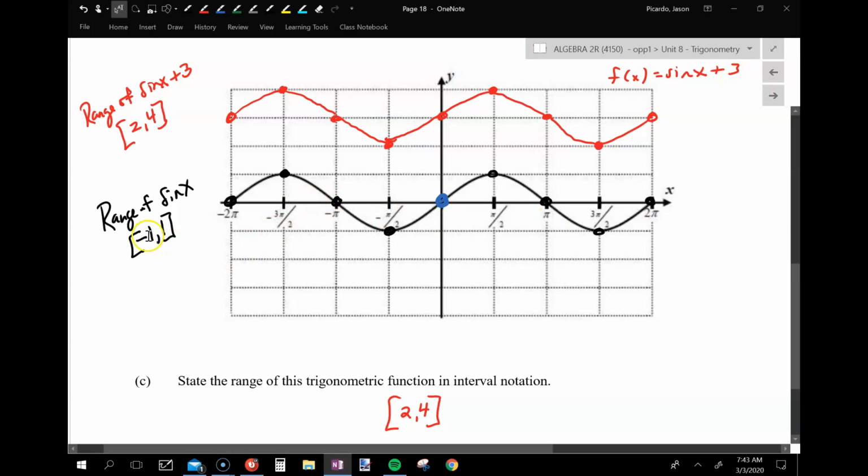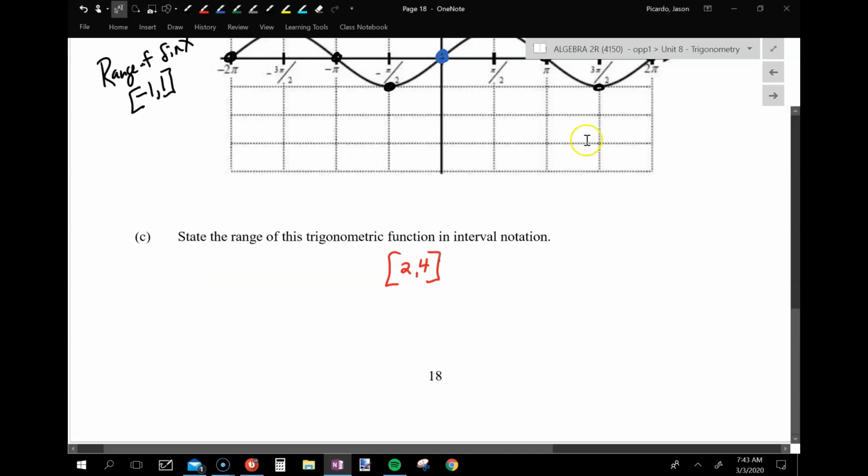Can I just take -1 and add 3 to get what? 2. And take 1 and add 3 to get 4. So couldn't I have just added 3 to both of these numbers to get that value? Okay, does that make sense? So instead of graphing it, that's the way I could have looked at the problem.